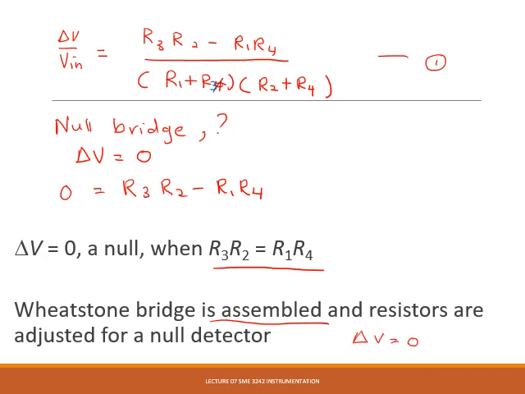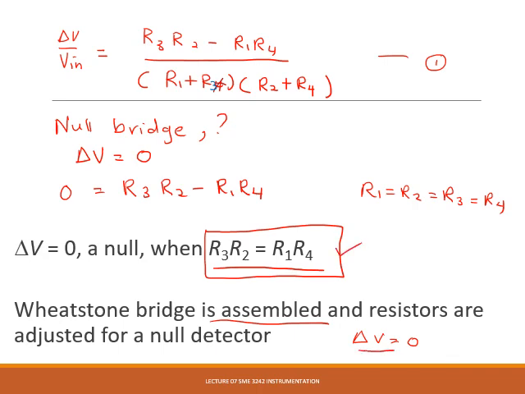In order to adjust the resistors, we need to satisfy this condition here. The simplest way is to choose R1 equal to R2 equal to R3 equal to R4. Then this condition will be satisfied and we get delta V equal to 0.